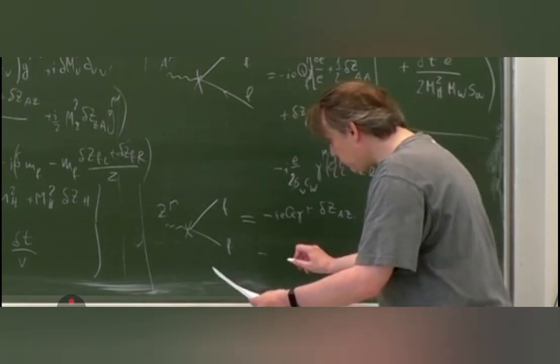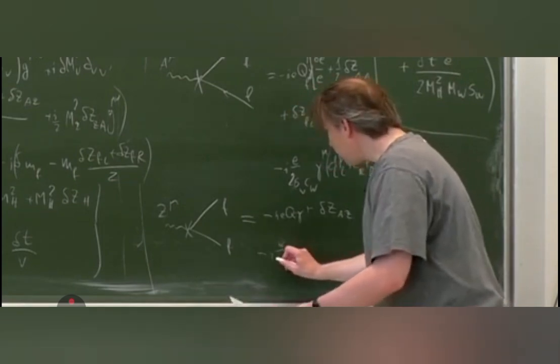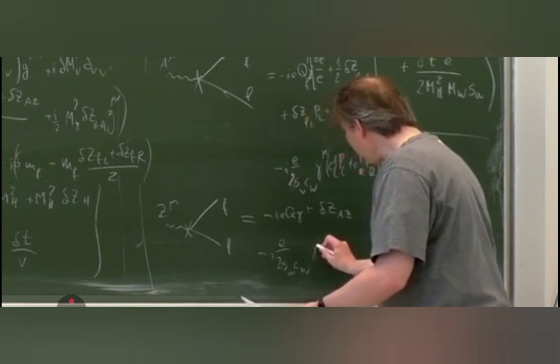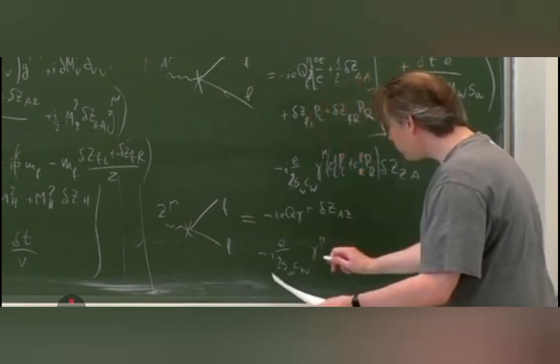So minus i e divided by 2 s_W c_W times gamma^mu, and now you get the renormalization of all of this.